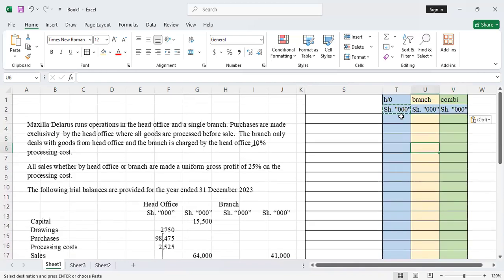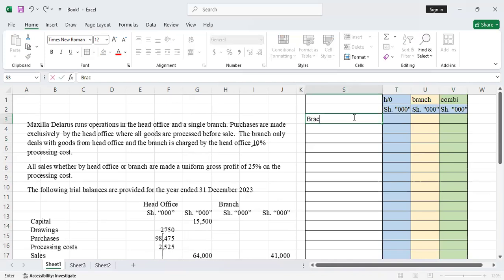Remember, from our workings, we have some closing stocks. So, branch current is an asset of the head office. We have just computed this one.